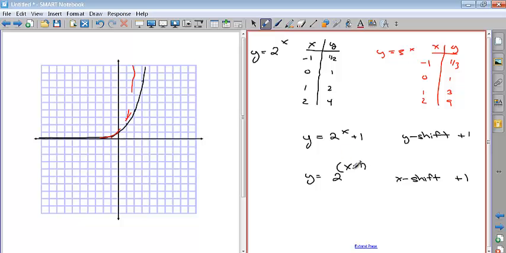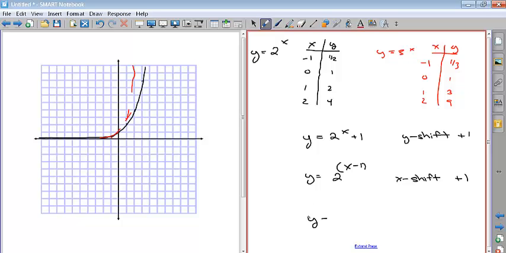Remember, when you have the x shift, you take the opposite of the number here. It's x minus h. So if this is x minus 1, you shift it +1. If it's x minus 2, you shift +2. If it's x +1, you shift left. So those are the x shifts. And again, what you're doing is taking this parent function and moving it up or down or left or right.